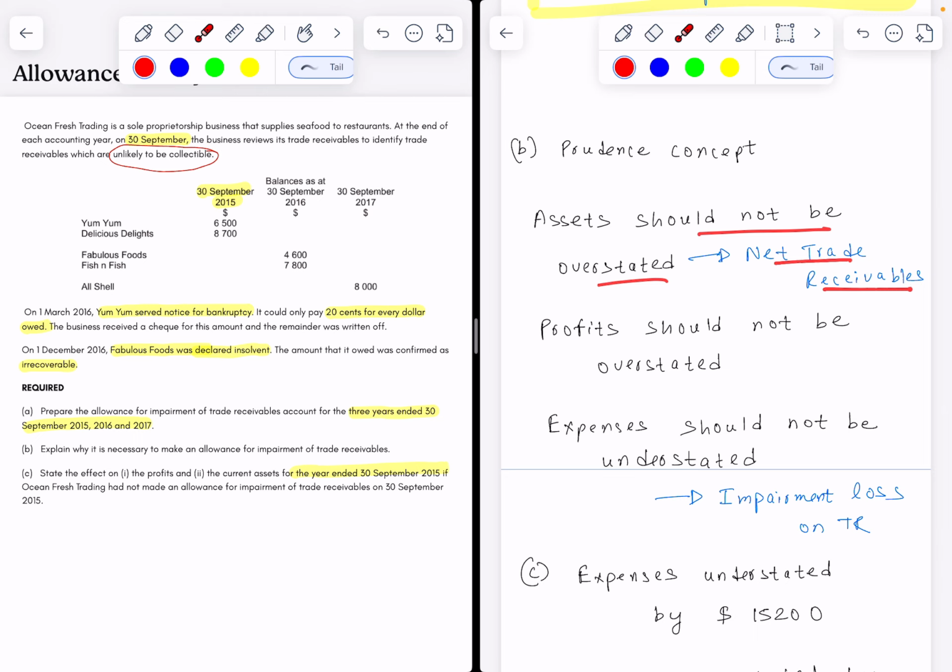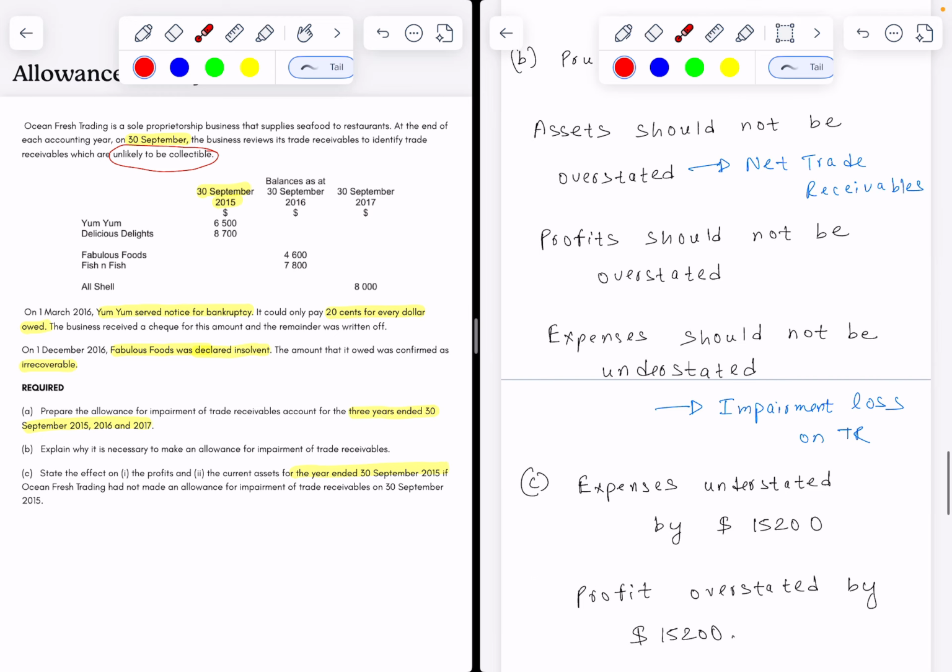If you do not include the uncertainties involved with collecting these amounts from your credit customers, you will end up overstating your assets. And you do not want to do that, because if you overstate your assets, it will impact your finances or decision making regarding how you can move forward, right?